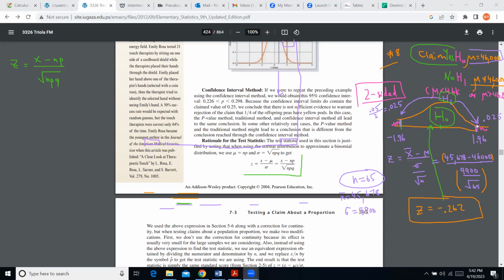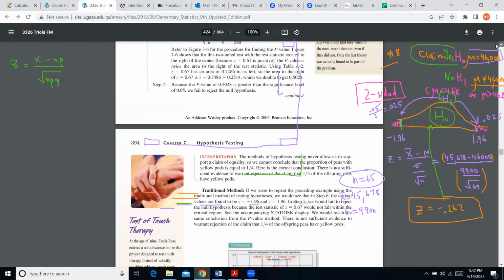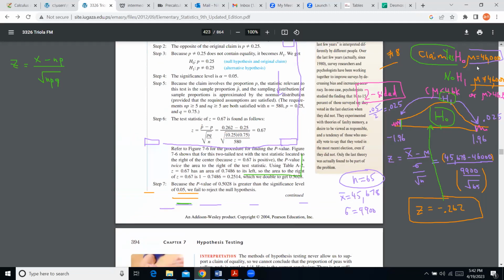But if you have not a mean but a proportion given, then the formula is going to be a little bit different, because what you're going to do is basically divide everything by n.